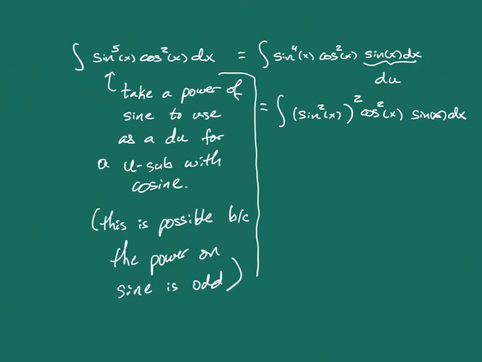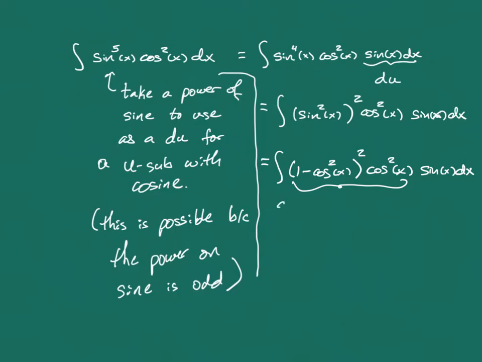So now using our trig identity, we can rewrite that sine squared as 1 minus cosine squared. So we've got 1 minus cosine squared squared, cosine squared of x, and then sine of x dx. So now what we have here is a single expression involving cosine.